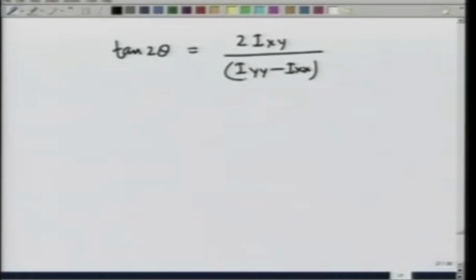So when I accomplish by this rotation the fact that the product of area vanishes, at the same time it maximizes or minimizes the moment of area.